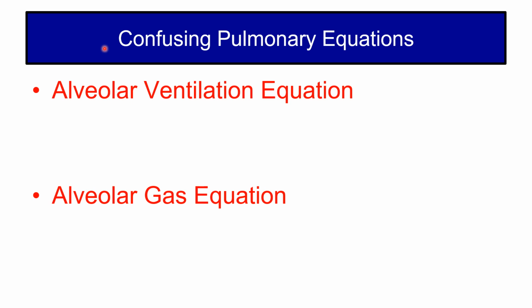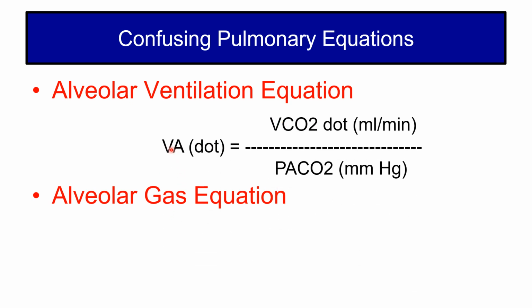Let us now talk about the two confusing pulmonary equations, the alveolar ventilation equation and the alveolar gas equation. Alveolar ventilation equation is the relationship between the VA dot, which is directly related to the carbon dioxide production of the body, or VCO2 dot, over that of alveolar carbon dioxide tension.